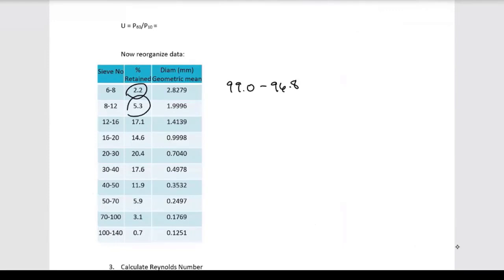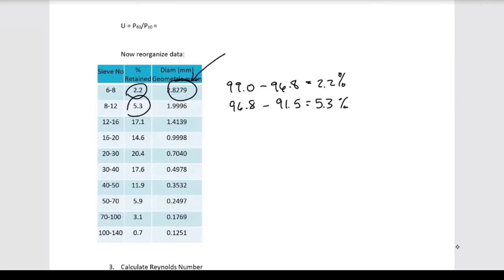This 5.3 comes from, we'll look at the next, we'll look at 8 to 12. And that's 96.8 minus 91.5, and that's 5.3. So these are percent. We need to calculate the geometric mean of your particle size.